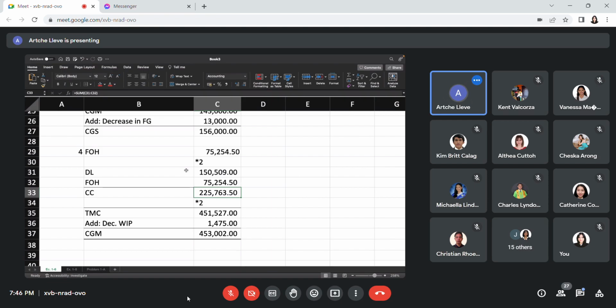Now, take note that the total manufacturing cost is twice the conversion cost. So simply you multiply this one by 2. So we have already our total manufacturing cost of 451,527. Then add decrease in work in process. So cost of goods manufactured is 453,002 pesos. Any questions?